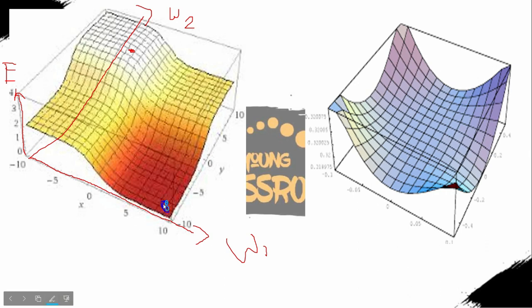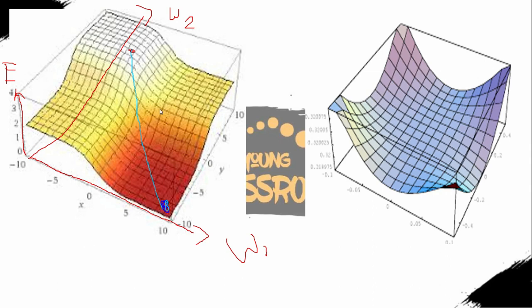Our objective is to move from this point to this point. Now physically, if I gave you this problem, you would be moving downwards, and more appropriately you would be moving in this path.